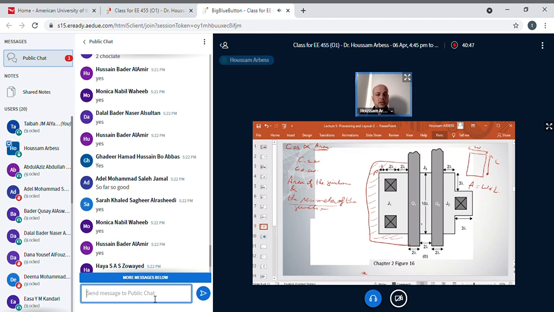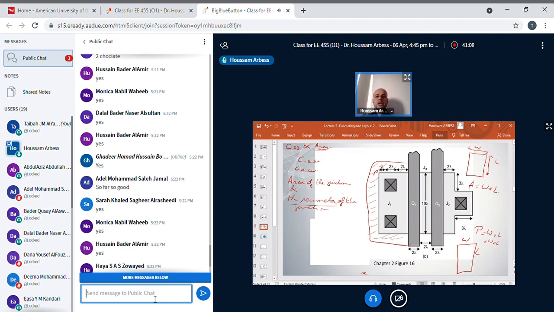Okay? So if I ask you to calculate the perimeter of this one, let's say here I have W, here I have L. What will be the perimeter of this rectangle? It will be W plus L plus W plus L. In Arabic, the perimeter is al-muhit.